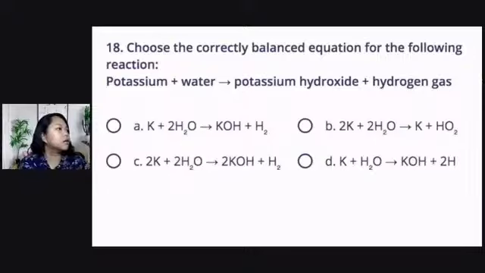Okay, what do you think is the correct choice for number 18? Number 18 na po tayo.